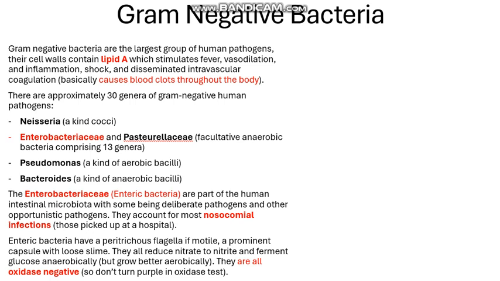Meanwhile, opportunistic pathogens are pretty much always present on us, but they are only able to cause an infection if conditions are right, like if they're moved from where they usually live to another place, or if the barrier of the skin is broken. The Enterobacteriaceae account for most nosocomial infections, so those picked up at the hospital.